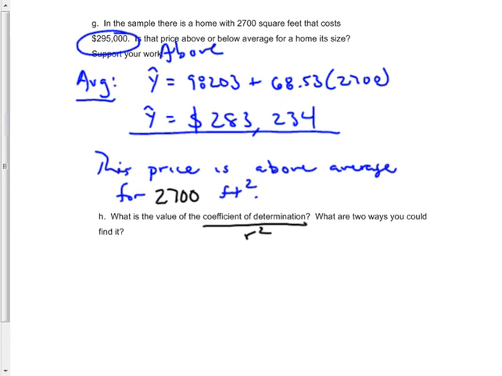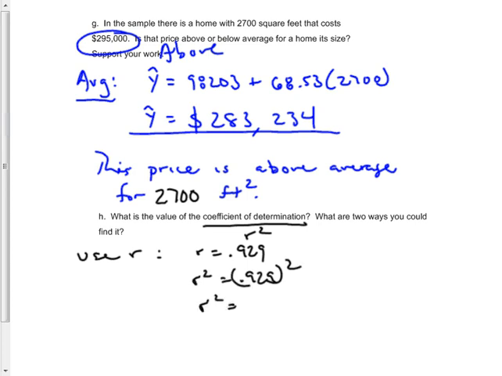So one way to find the coefficient of determination is use the r value that we know. We had r equals 0.929. Keep in mind, Minitab rounds that off. So if I do it this way, and then square it by hand or on the calculator, I might get a tiny bit different result than when I show you the other way. Alright, so then r squared would be 0.929 squared.